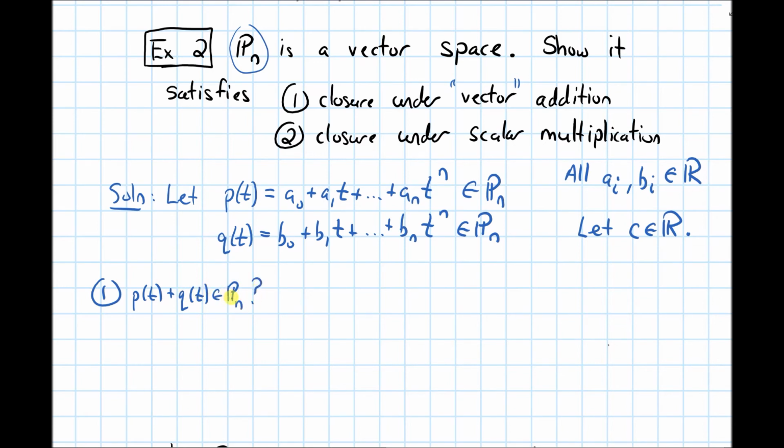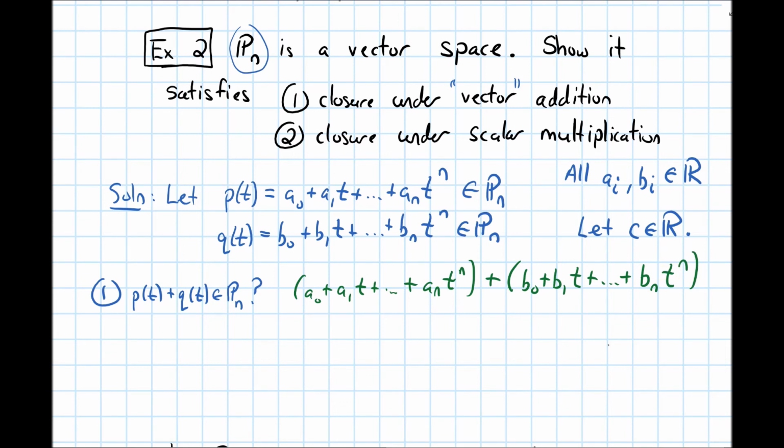And if it is, it's closed under addition. So let's add these 2 things. Let's take the first polynomial, a naught plus a1t plus dot dot dot plus an t to the n, plus the second polynomial, which was b naught plus b1t plus dot dot dot plus bn t to the n.